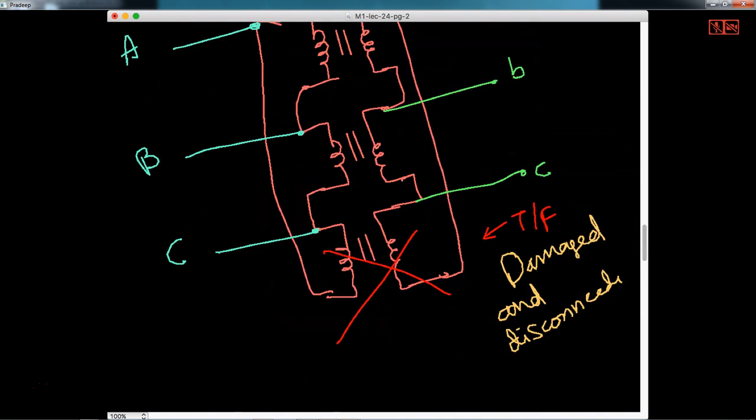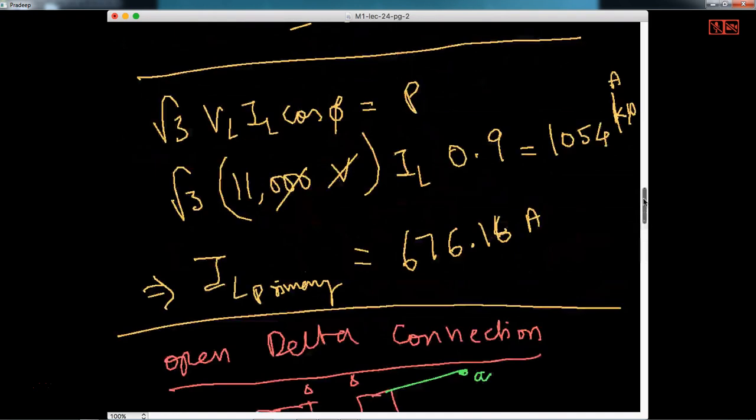The transformer is disconnected by first removing this wire here. If I remove this wire, I get something like this. This wire also you can remove, similarly this wire, and this wire from here. So now eventually what you get is a different diagram. This is equivalent to open delta.